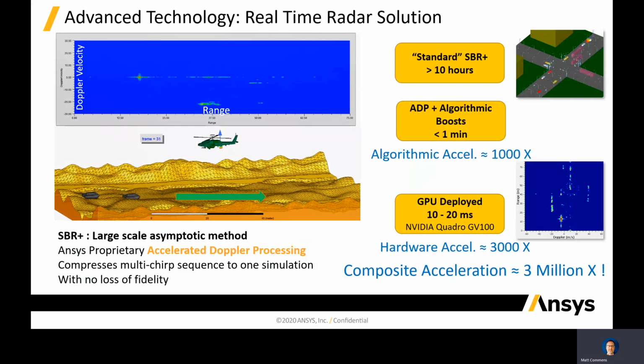Well, by now deploying this technology on the GPU, we can get this scene generation down to 10 to 20 milliseconds. So now we can achieve more than 30 frames per second. Now we can be, quote unquote, real time. And this overall hardware acceleration has taken us up to 3 million speed up with this composite acceleration. And look for this real-time radar solution technology in HFSS very soon.